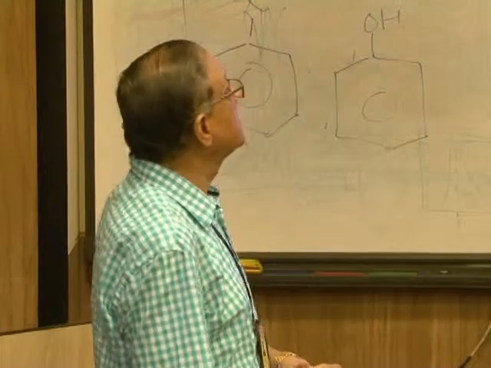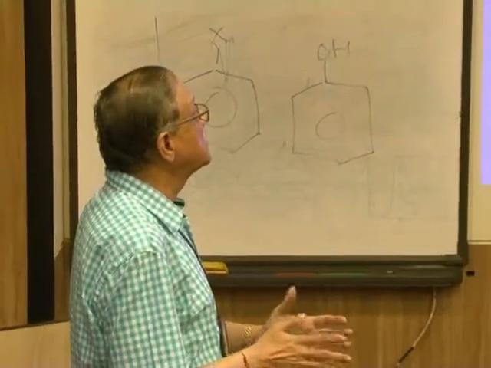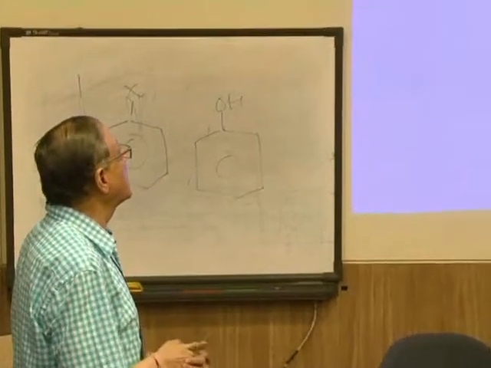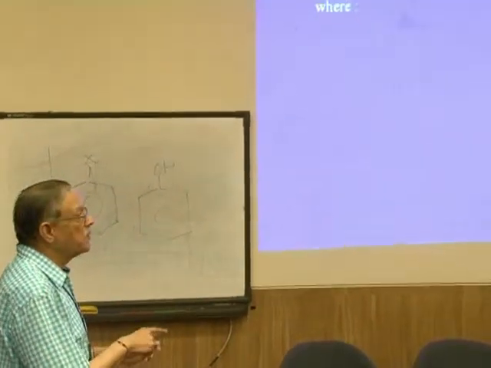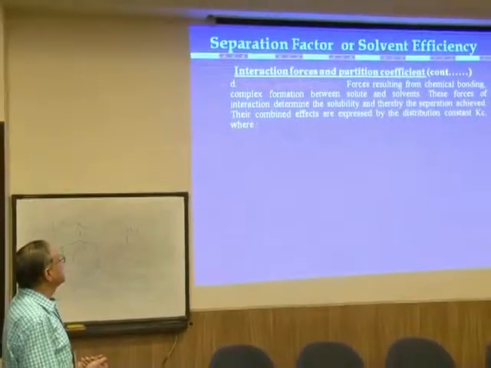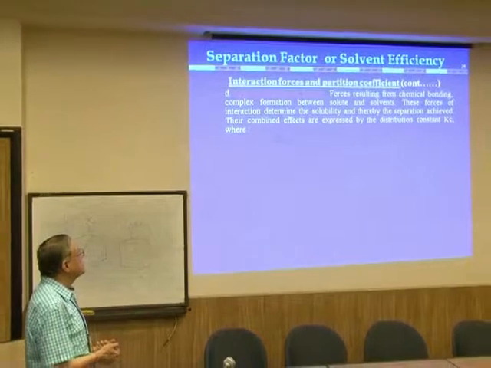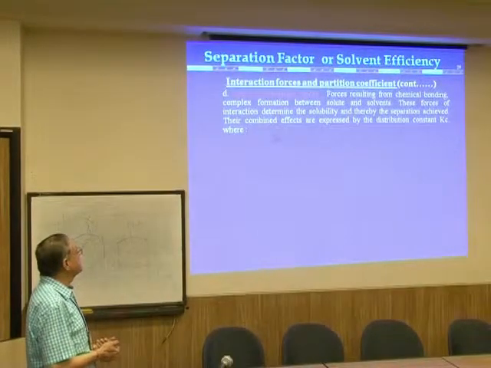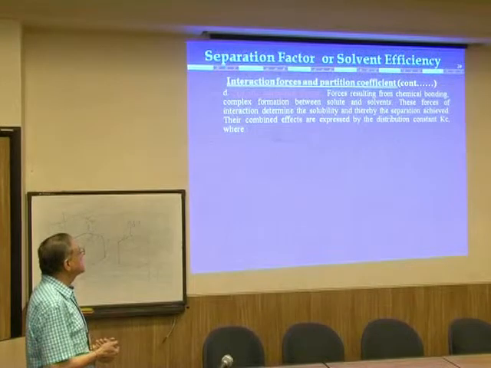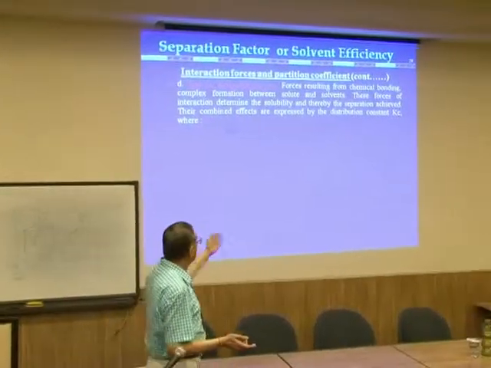And the partition coefficient, that is specific interaction forces resulting from chemical bonding, complex formation between solute and solvents. These forces of interaction determine the solubility and thereby the separation achieved. Their combined effects are expressed by the distribution constant Kc that we know.